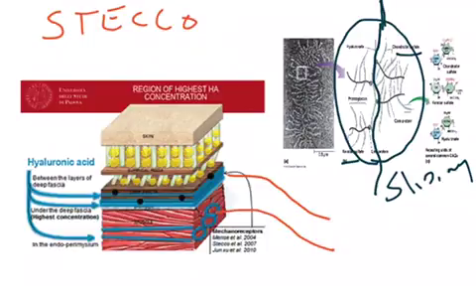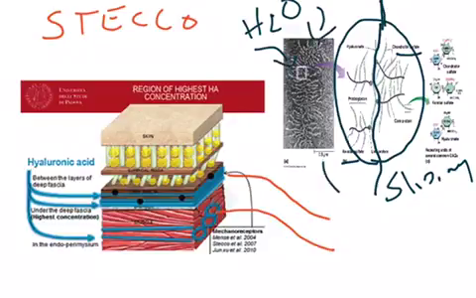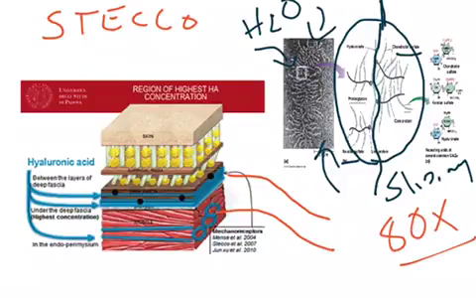With all of these connections of the other glycosaminoglycans on them, this molecule becomes very, very hydrophilic. So it really wants to draw in water. In fact, most glycosaminoglycans can hold up to 80 times their weight in water.